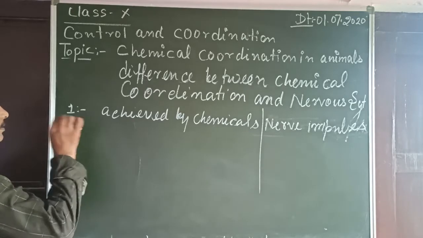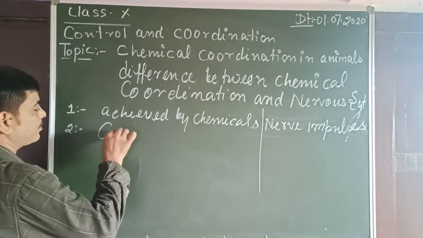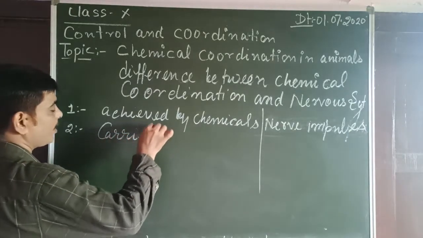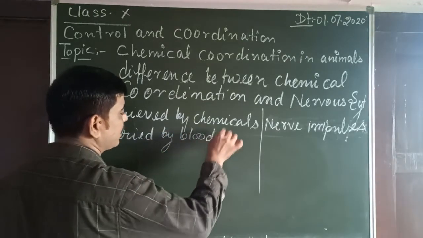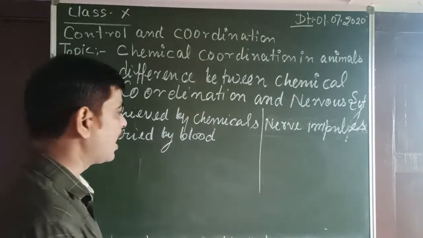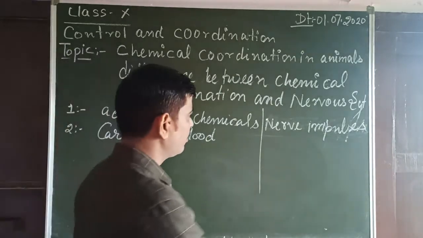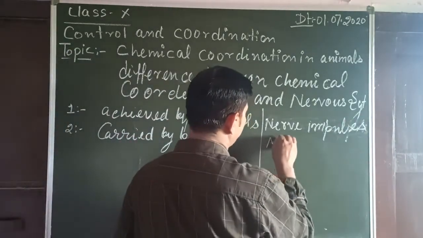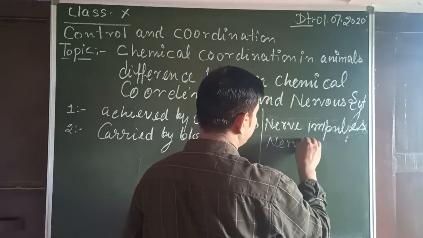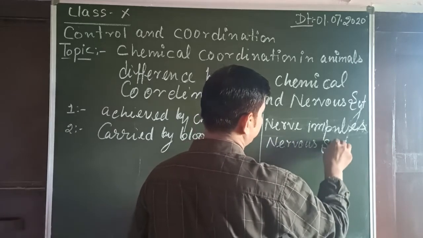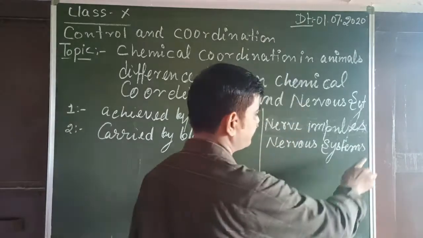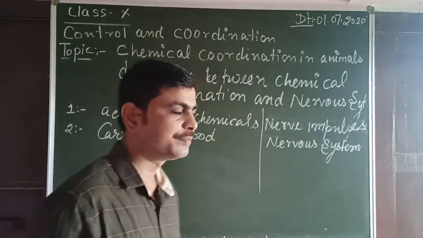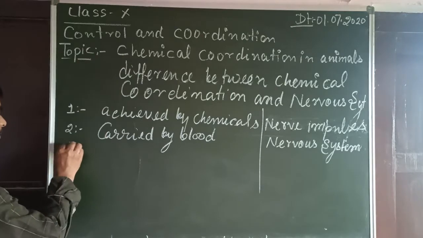Second thing, these chemicals, means hormones, are carried by blood, while nerve impulses are carried by the nervous system, means nerve cells.